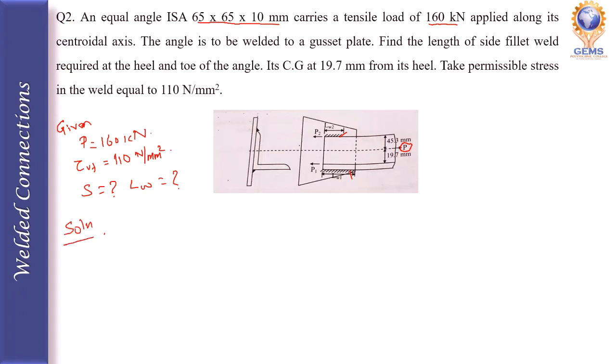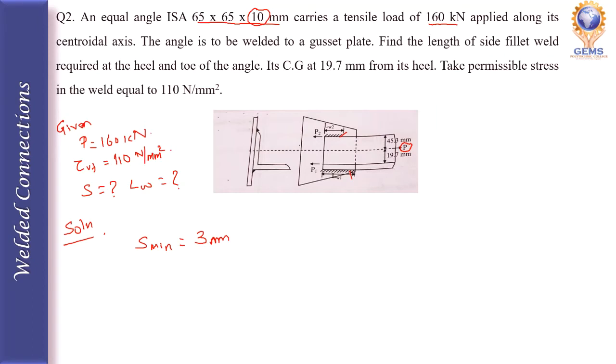How can we find the size of the fillet weld? From the thickness of the member. Thickness is 10 mm. So from the table, S minimum, if it is up to 10 mm including 10 mm, minimum is 3 mm. Then it is an angle section.